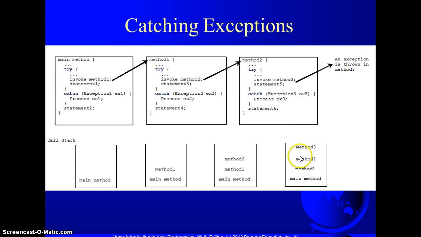So you're running 4 processes. After you execute method 3, you close it and pop out method 2, method 1, and then the main method. Then the program is complete.